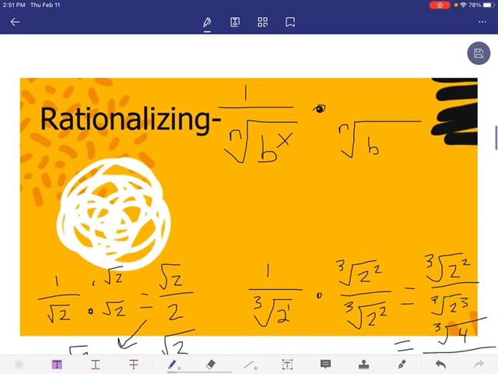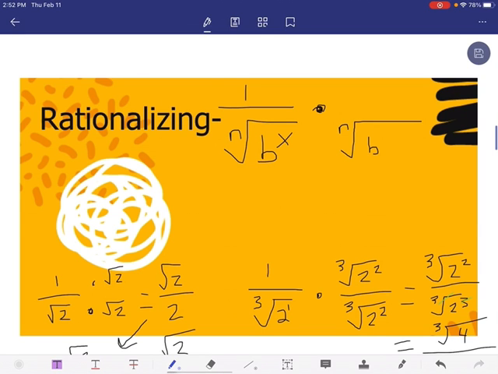Now what is different is my exponent. I'm not just going to multiply by b to the x or whatever I have there. What we ended up doing was taking our index, which is 3, and subtracting the exponent that we already had, which was 1, and that gave us 2.